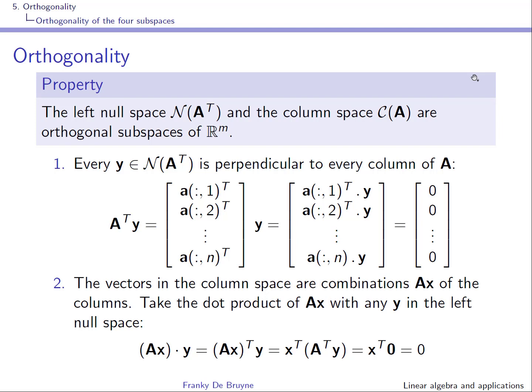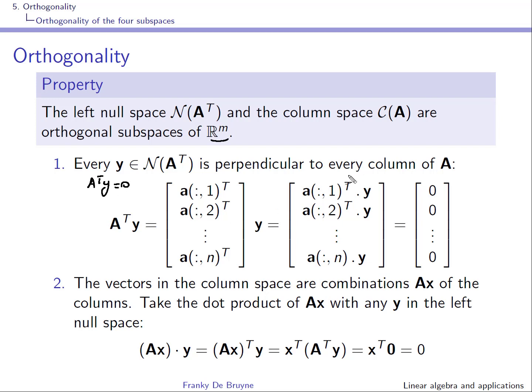Well, we'll do something very similar and prove that the left null space of A is perpendicular or orthogonal to the column space of A, and both subspaces are subspaces of R^m. So we'll use two ways to prove that. We'll take y that is in the null space of A transpose, the left null space. So we have that A transpose y is equal to 0.